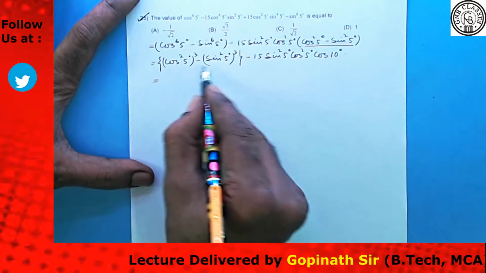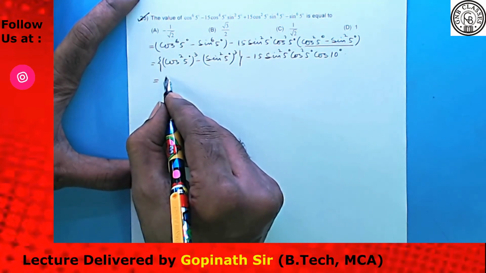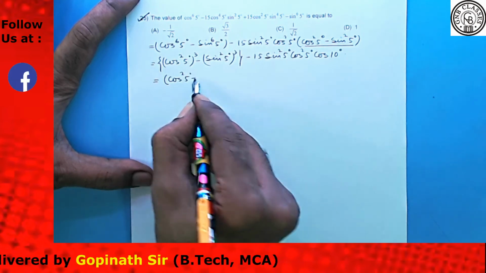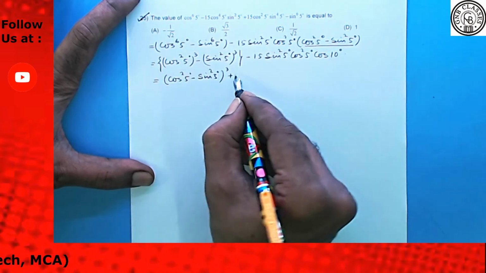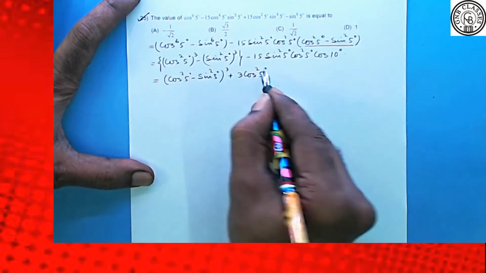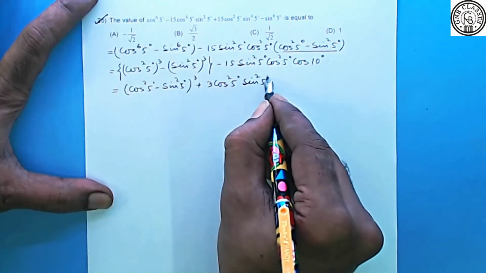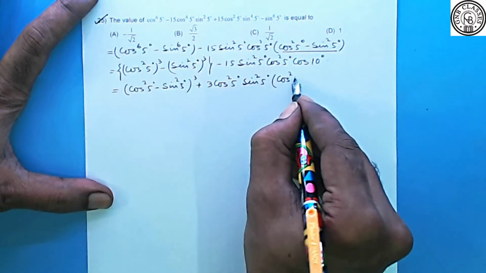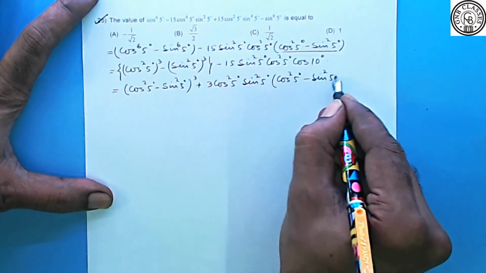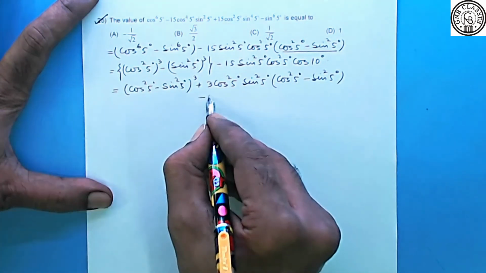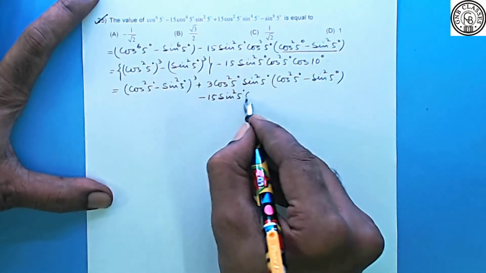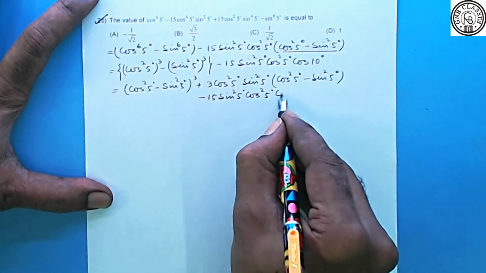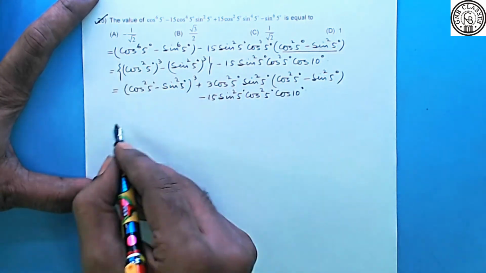Now I'm applying a cube minus b cube formula over here. So we are having a minus b whole cube plus 3ab into a minus b, minus 15 sin square 5 degree cos square 5 degrees, and cos 10 degrees there.